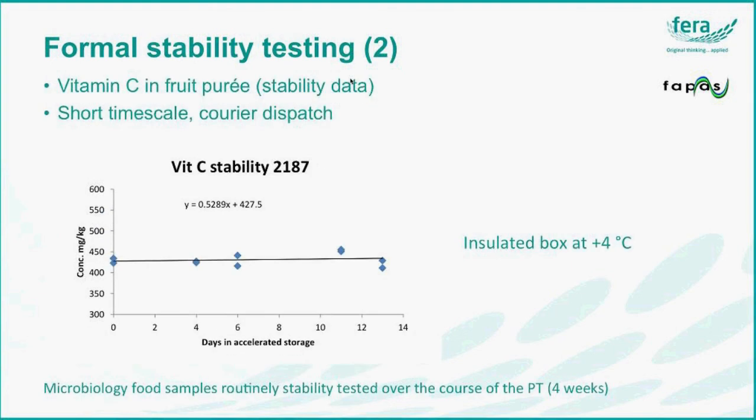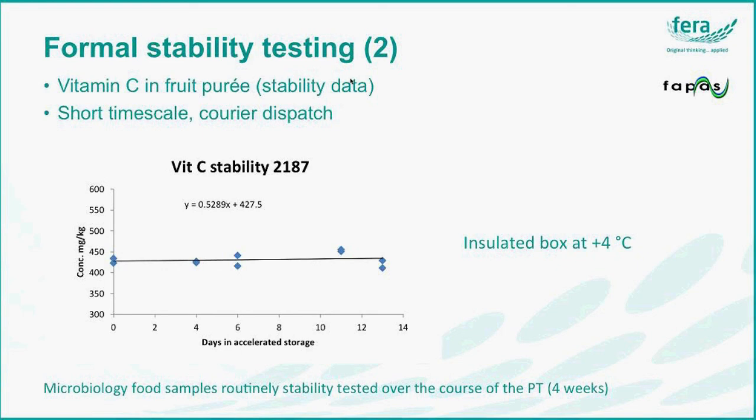We can also do very specific stability testing. Vitamins in particular might be compromised by stability. A few years ago we introduced our first vitamin C proficiency test in a fruit puree. In order to minimize the possible instability, we had a short time scale and a courier dispatch for this sample, even for countries close to the UK.